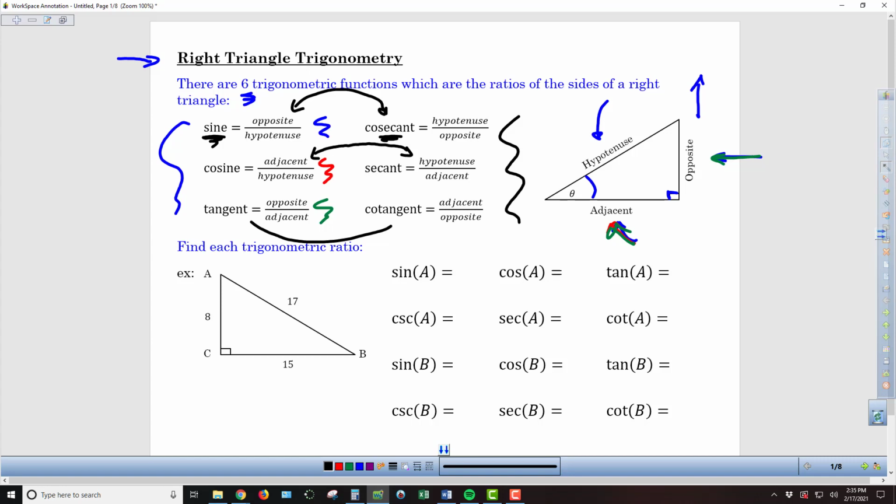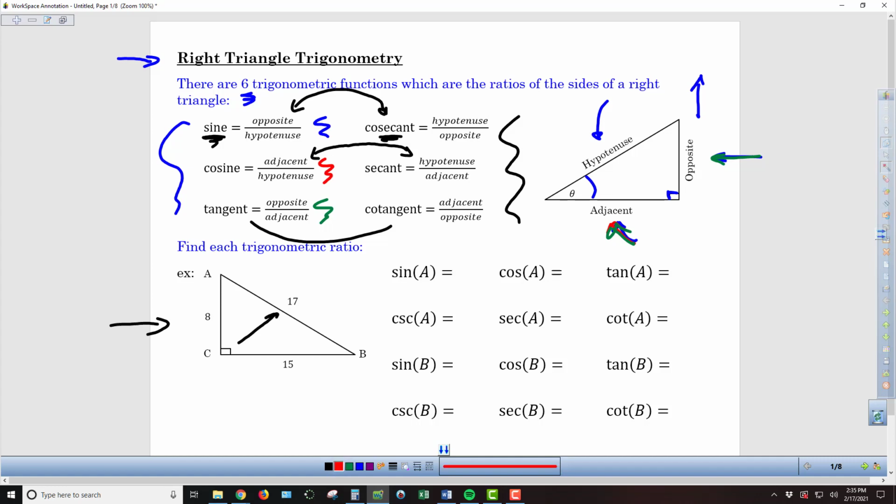When we're trying to write what the sine or cosine or secant or cotangent of an angle from a triangle like this is, we're just making sure that we correctly identify which is the opposite, which is the adjacent, and which is the hypotenuse. The hypotenuse will always be the side across from the 90-degree angle, but the opposite and the adjacent sides can vary depending on which angle's perspective we're looking at.